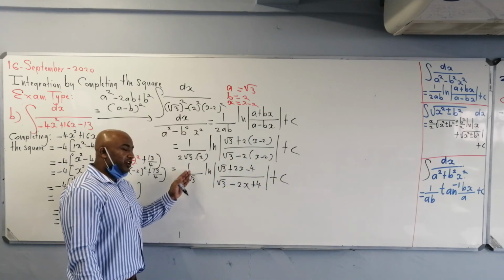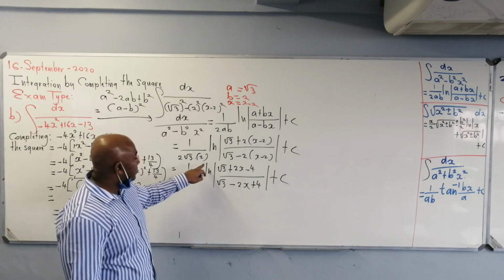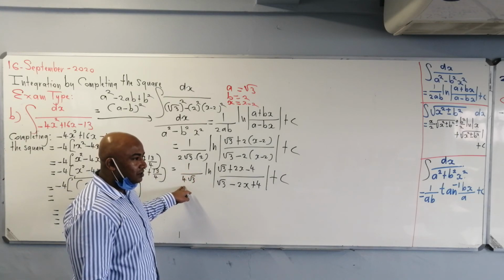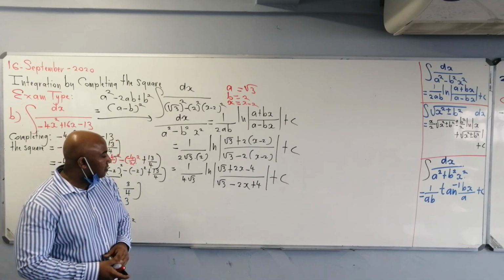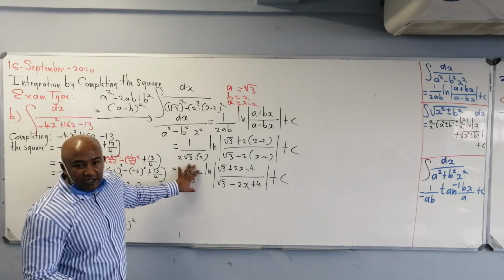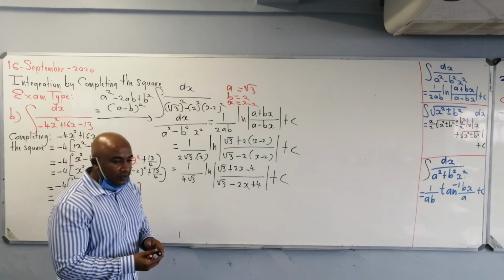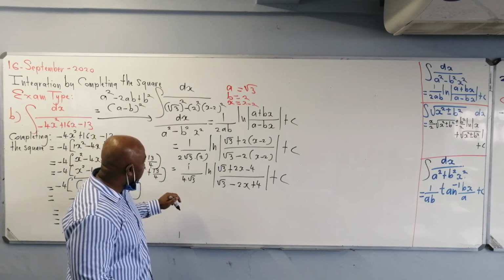Obviously, if you're using your calculator, it will give you a rationalized denominator. So it will be square root 3 over 12. But anyway, I'm not using a calculator. You might wonder at home where I got this from.